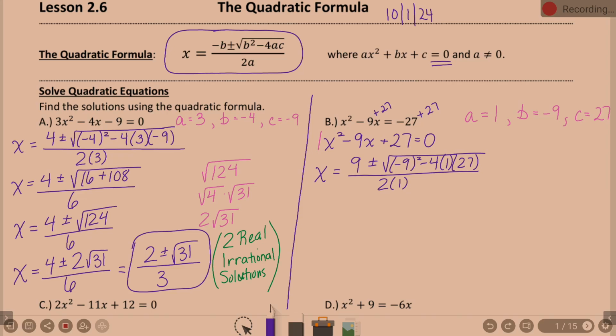That denominator is important. And here's what I'll tell you. If you forget it, you tend to forget to come back and get it all together. So, do some cleanup. 9 plus or minus. What's going on under that radical? Negative 9 squared? 81. It's a positive 81. What about the minus 4 times 1 times 27?